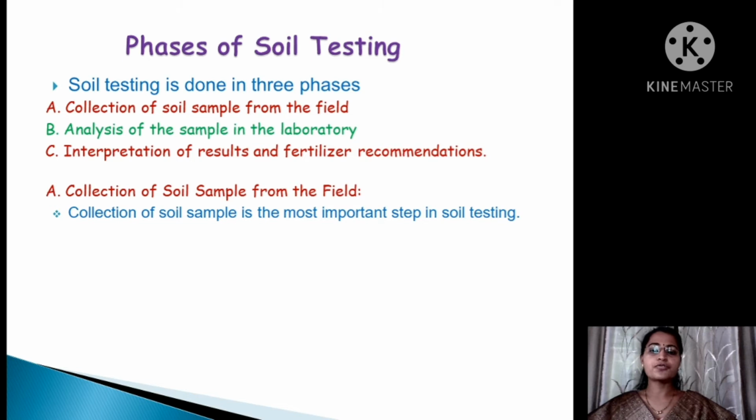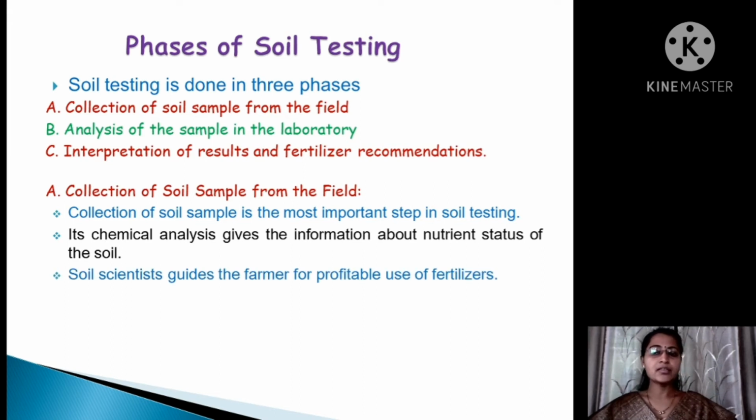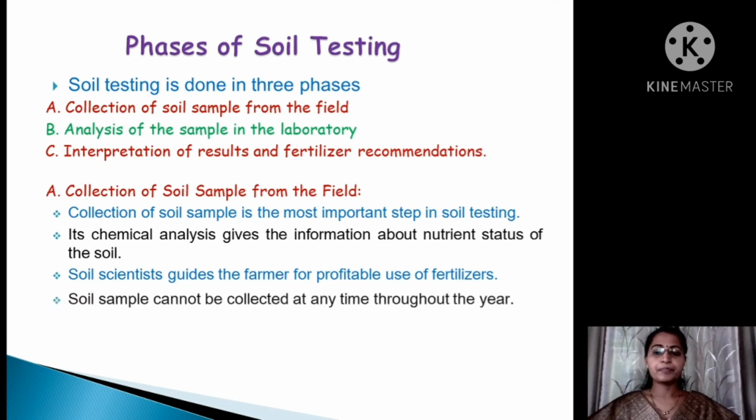The collection of soil sample is the most important step in soil testing. Its chemical analysis gives the information about nutrient status of the soil, and soil scientist guides the farmer for profitable use of fertilizers.